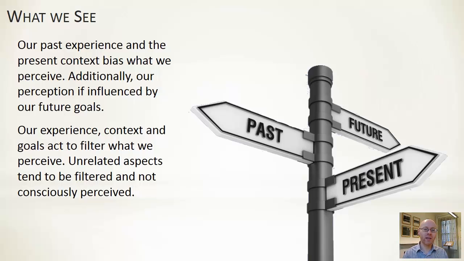All of those things have a bearing upon what it is we focus on, we are consciously aware of as part of our sight. So our experience, context, and goals filter what it is we perceive. Things that generally are not relevant or related either to our past, what it is we're doing, or our goals, these are things that can be missed or discarded by the brain as not being relevant.